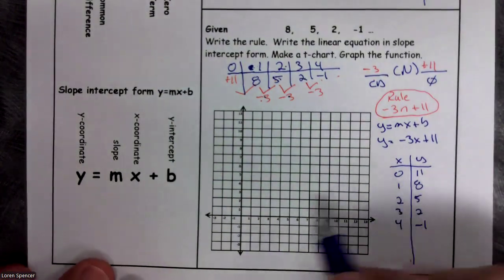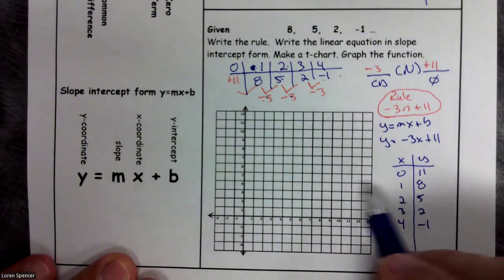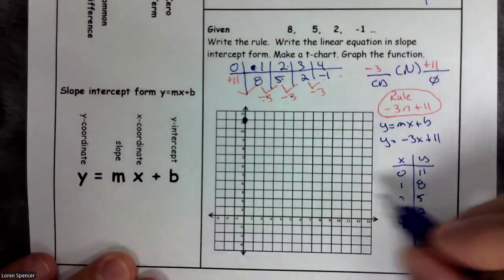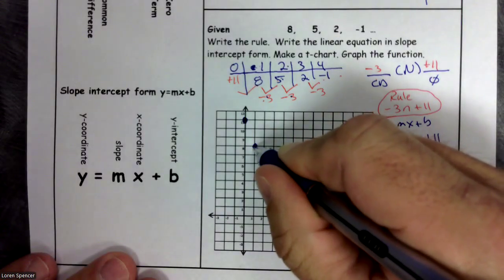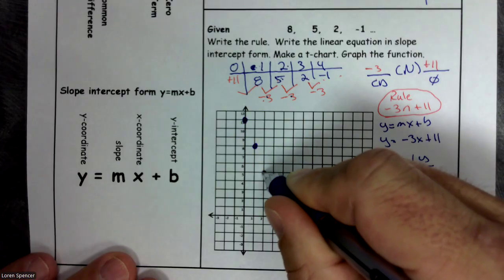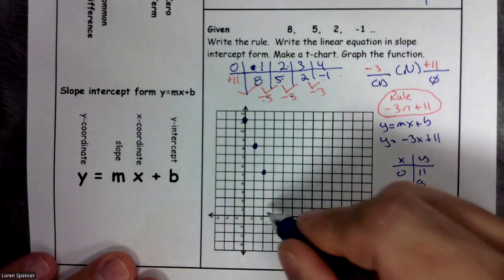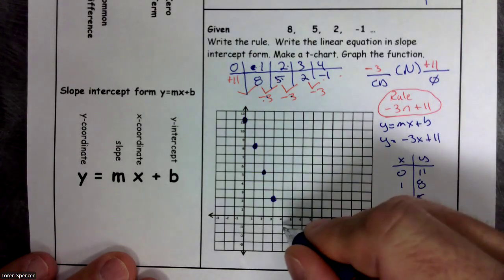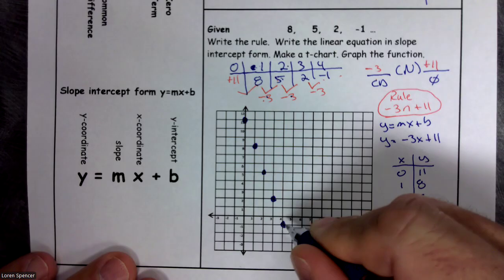So let's graph those points. So we have a point at 0, 11, which is right here. Then we have one at 1, 8, then 2, 5, 3, 2, and 4, negative 1.